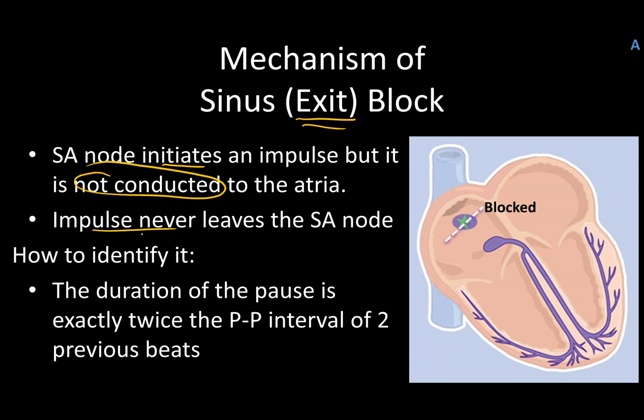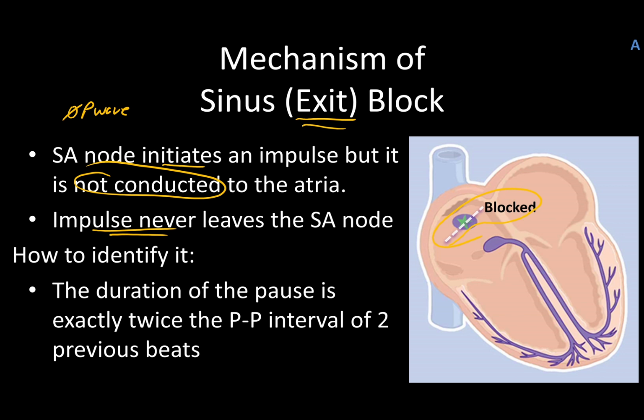It just never leaves the SA node. And that's why we have this blocked here on the picture, because it occurred within the sinus node, but that cascade as it travels through the rest of the atria and the heart never happens. And that's why you have no P wave and certainly no QRS.